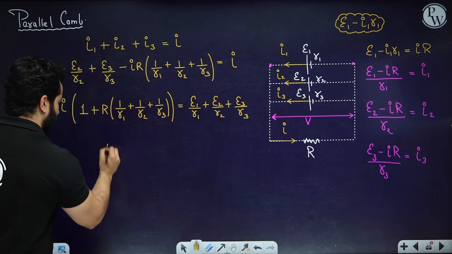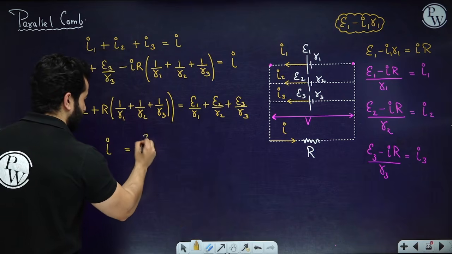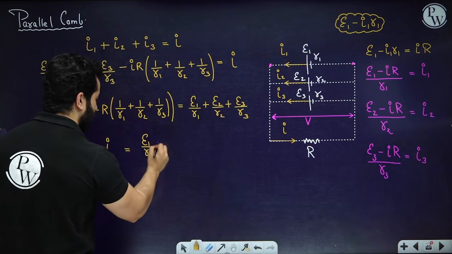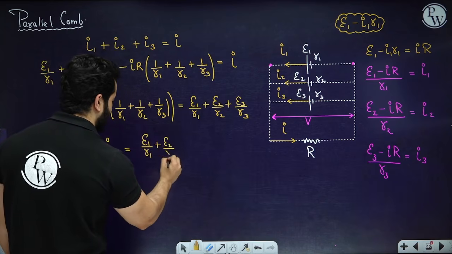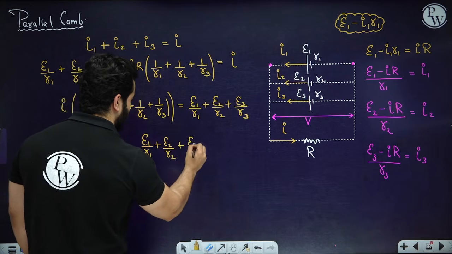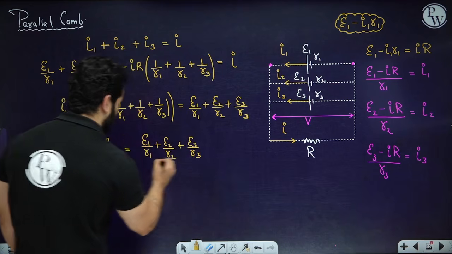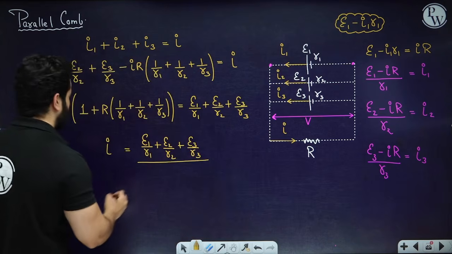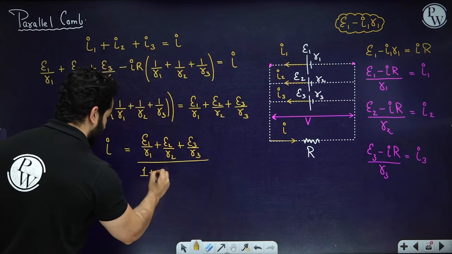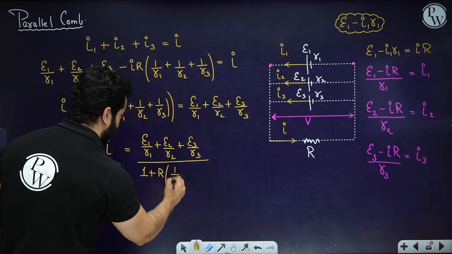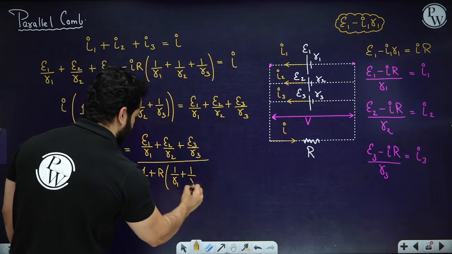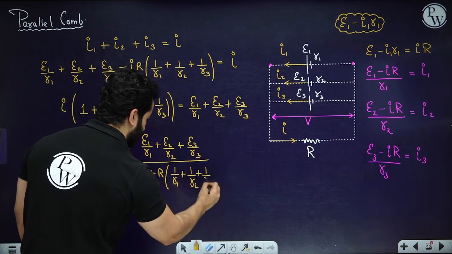So current will finally come out to be E1 upon R1 plus E2 upon R2 plus E3 upon R3, divided by 1 plus R times 1 upon R1 plus 1 upon R2 plus 1 upon R3.